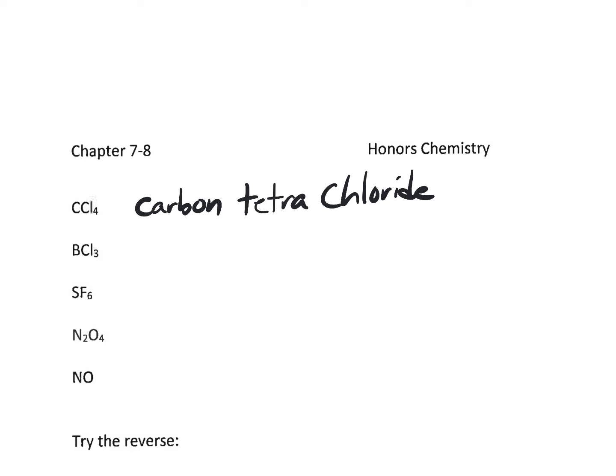What about the next one? B is boron. I'm not going to say monoboron. I'm just going to say boron. And there are 3 chlorines there, so trichloride. So just like with ionic compounds, the second name ends with ide.